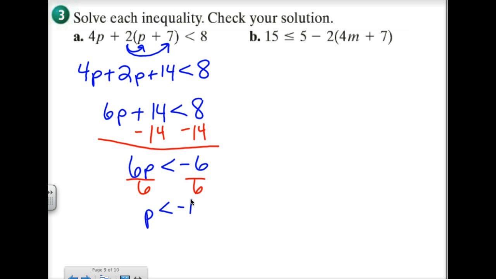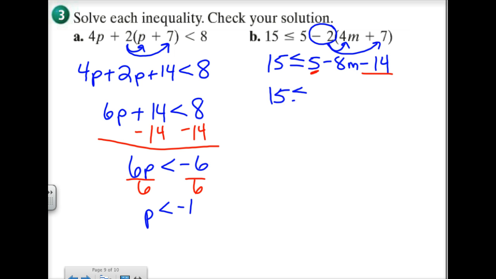Do the same thing for letter B. Use the distributive property. Be careful here now because you're using that negative 2 as you're distributing. So 15 is less than or equal to 5 minus negative 2 times 4m gives us negative 8m. And negative 2 times negative 7 gives us negative 14. Now I'm going to combine the terms that are the same. In this case, the 5 and the minus 14 on the right side are the same.